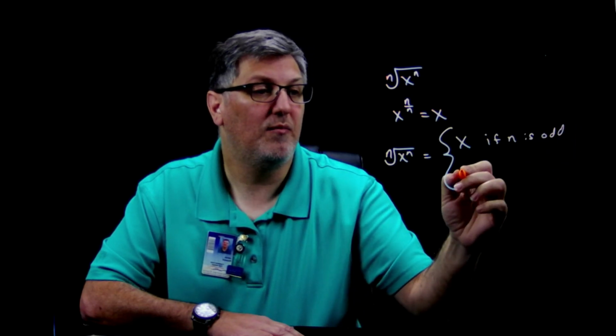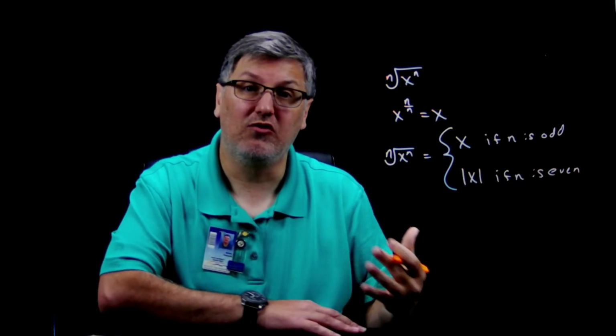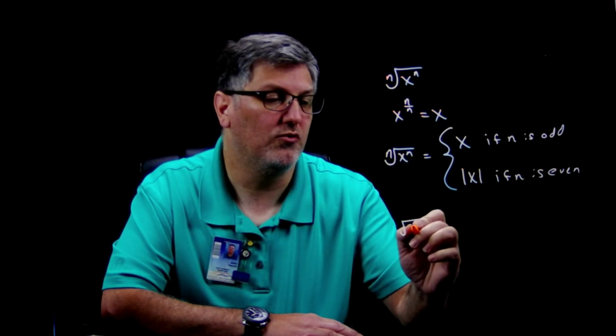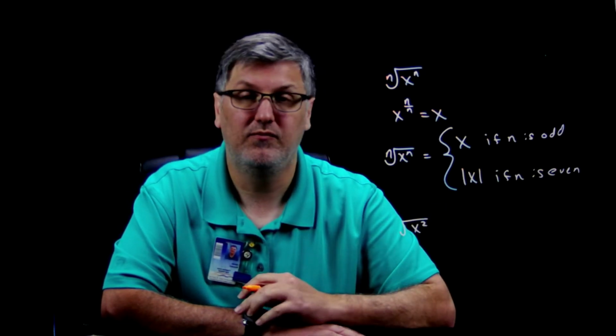So here's the rule. If I have the nth root of x to the n, it's what we call a piecewise function. My answer would be x if n is odd, and my answer would be the absolute value of x if n is even. So say I have the square root of x squared.